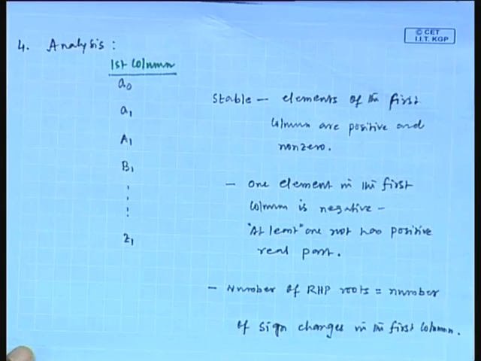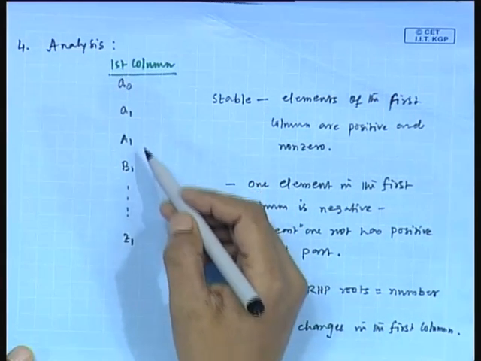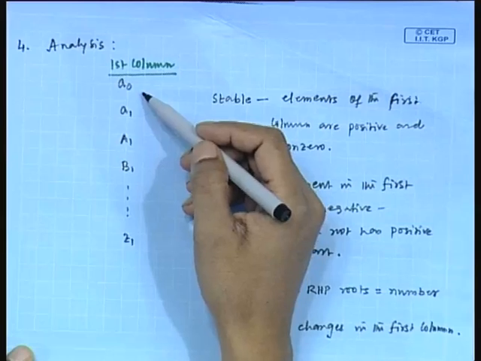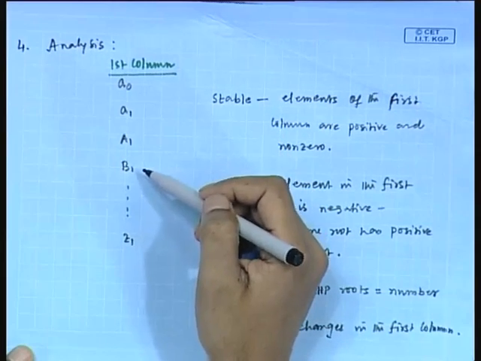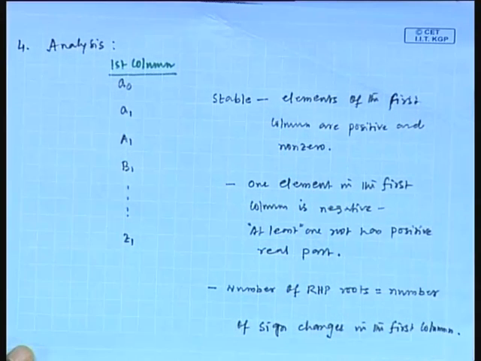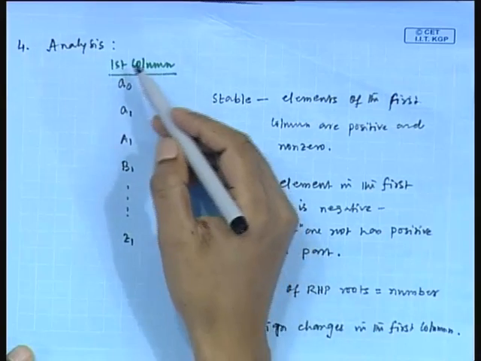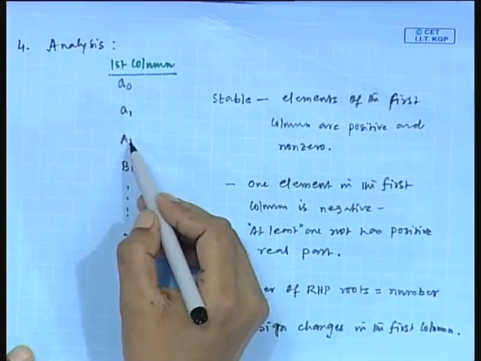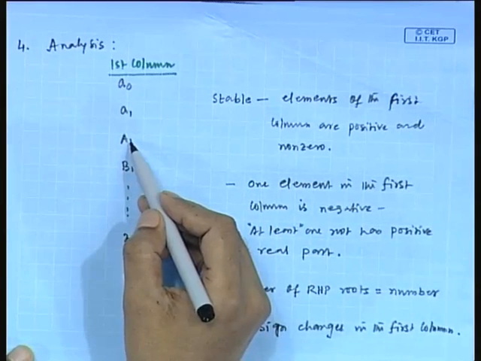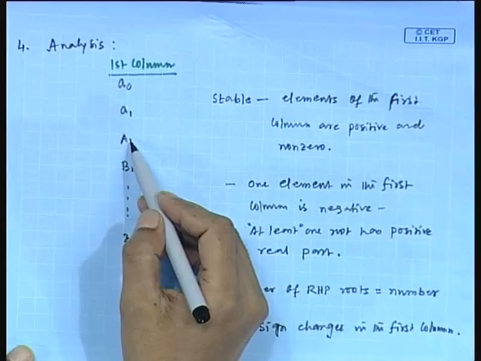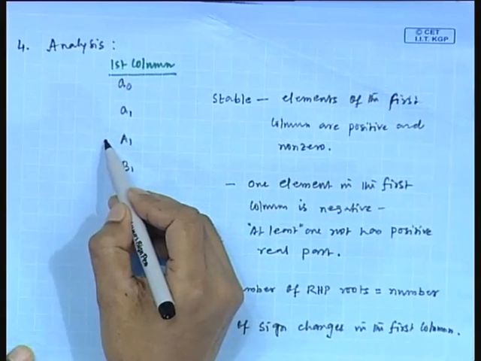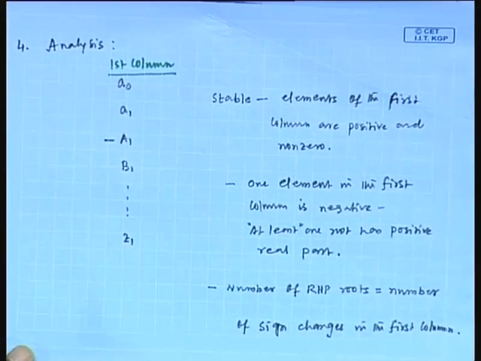Fine. Suppose this is the first column which includes the elements A0, A1, capital A1, capital B1 to Z1. Among these elements, one is negative. That means, say this capital A1 is negative.